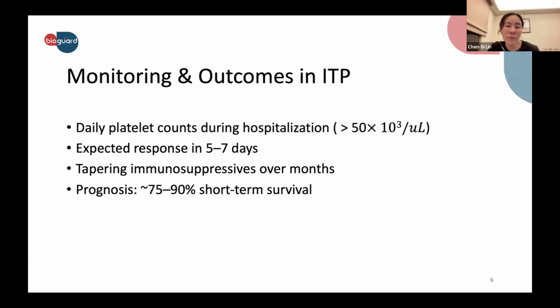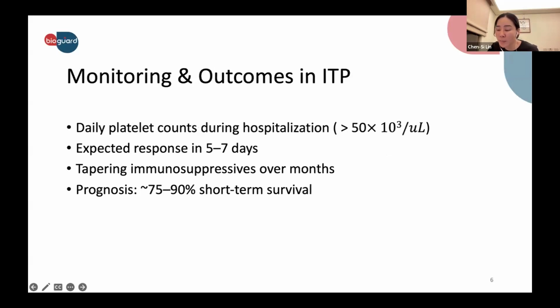After treatment, we need to monitor these cases and predict the outcome in ITP patients. Monitoring platelets daily in hospital is very critical.